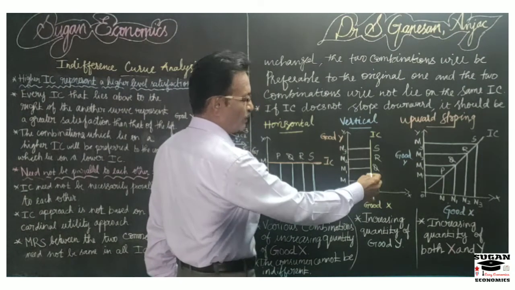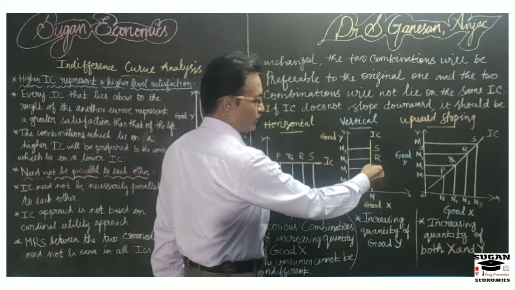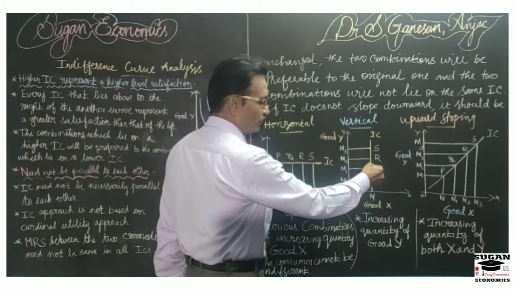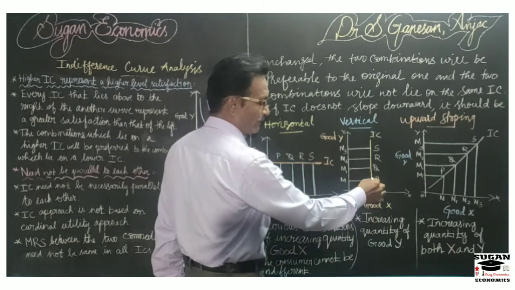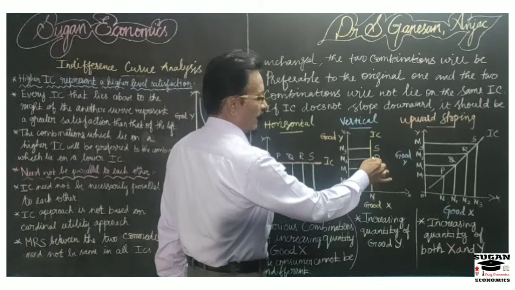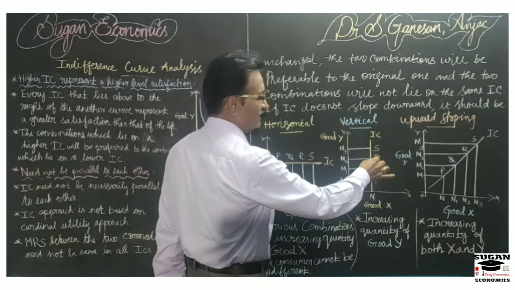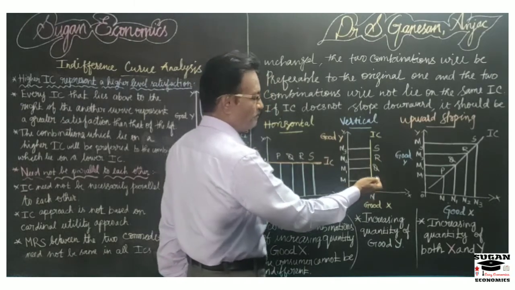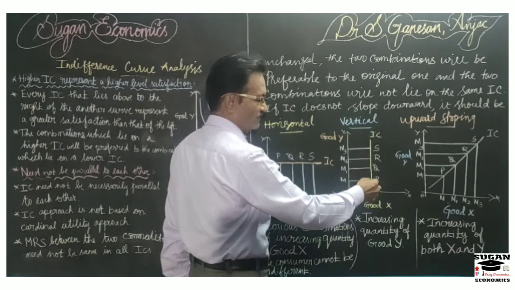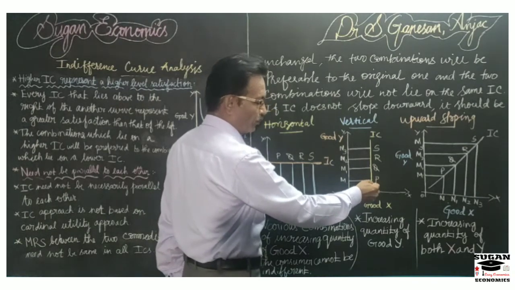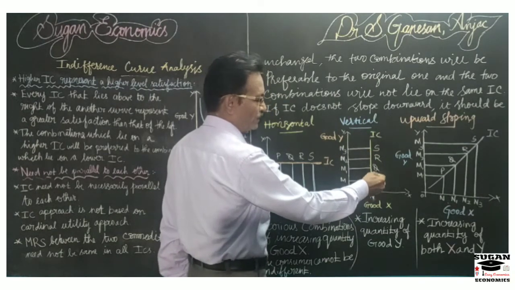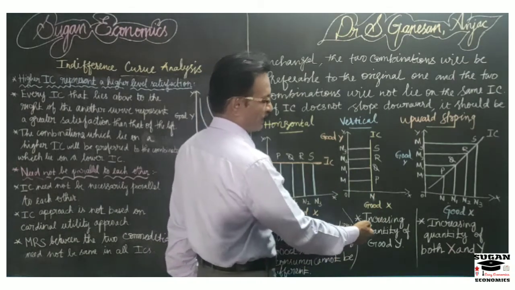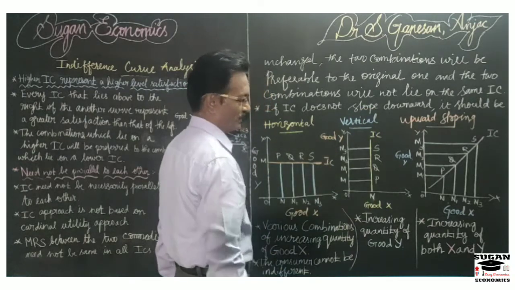So here also, when a consumer moves from point P to Q, this combination is preferable, because combination Q will provide more satisfaction when compared to P, and at the same time, you take points R and S, these points are preferable to the other points. So here also the consumer is not getting the same amount of satisfaction when he moves on the indifference curve, right? So the consumer cannot be indifferent. So the indifference curve should not be a vertical one.